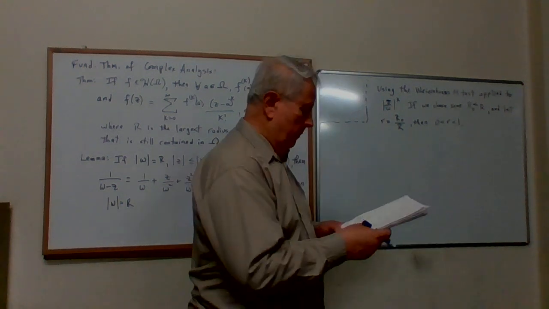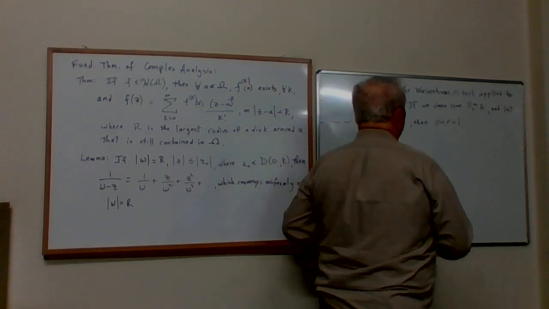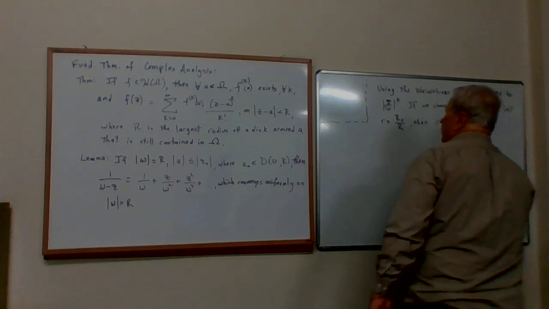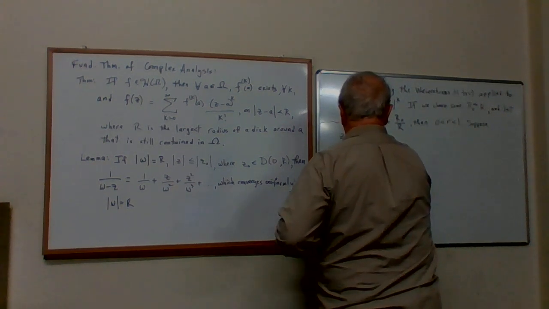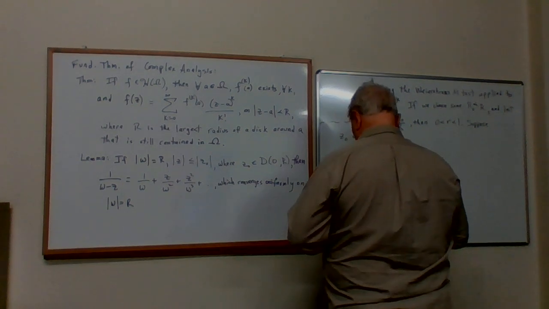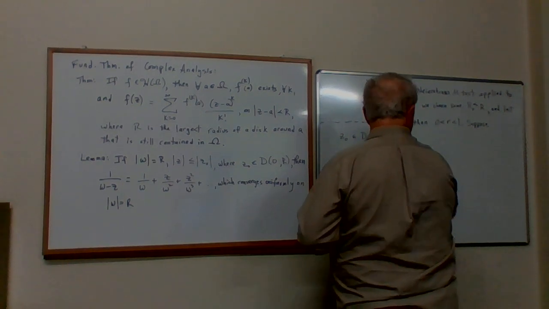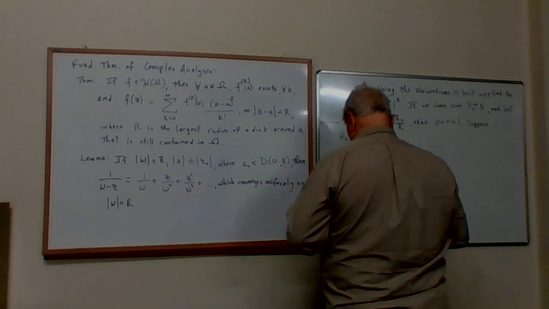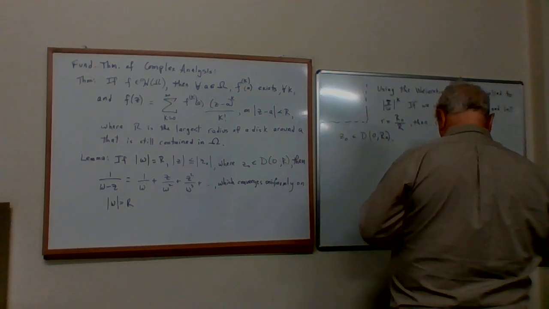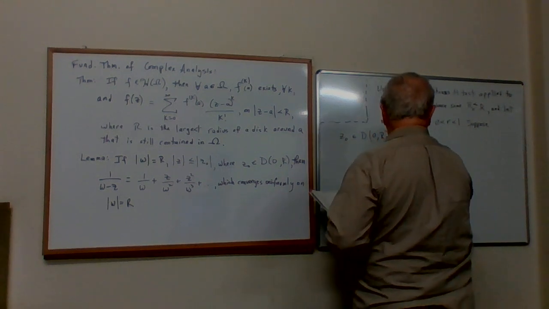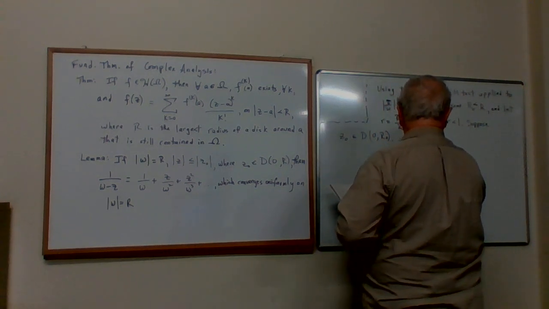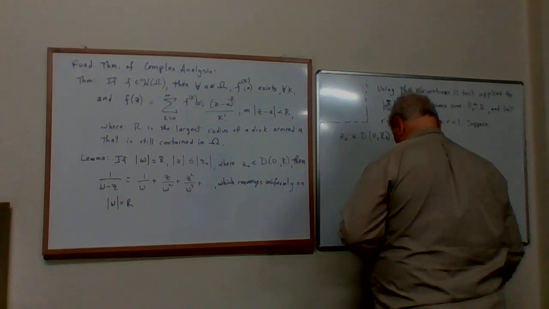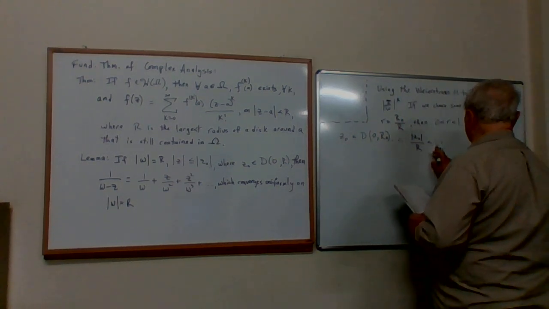Okay. Now suppose that z0 lives in the disk around 0 of radius big R0. Therefore, the absolute value of z0 divided by big R is less than 1. I'm sorry, less than little r.